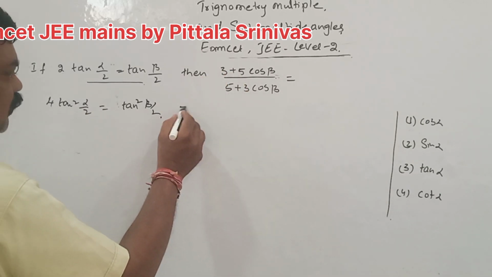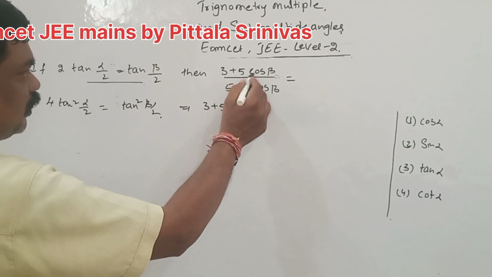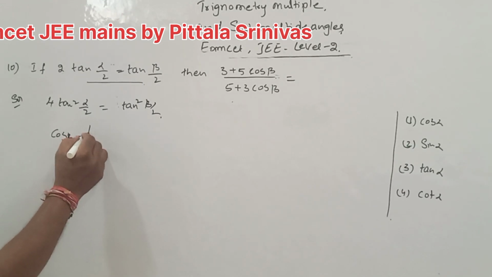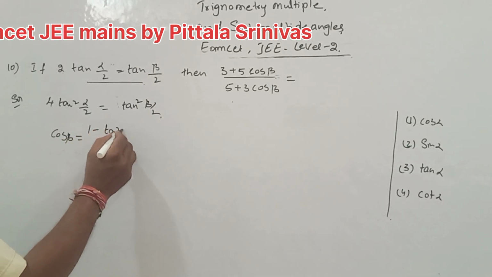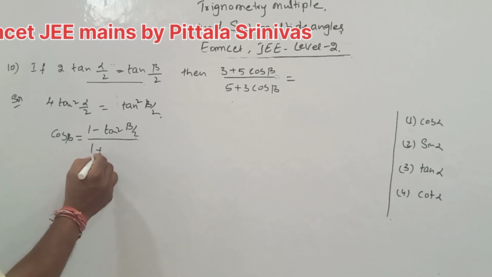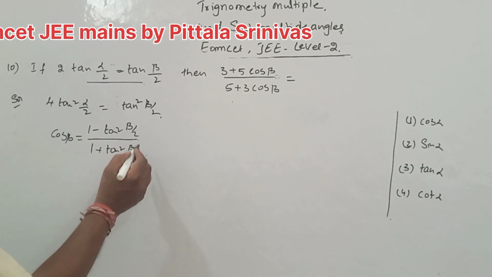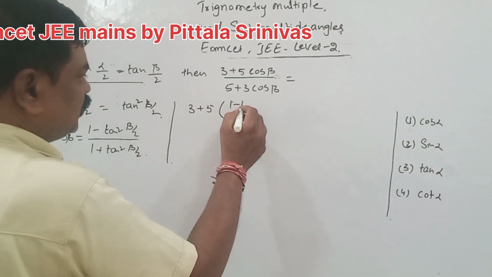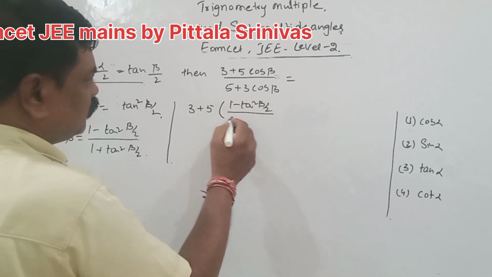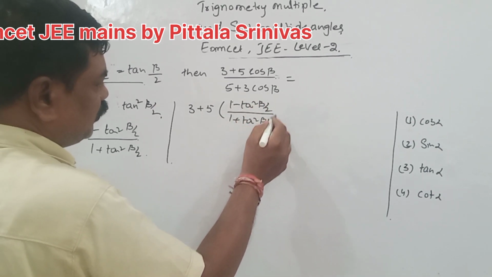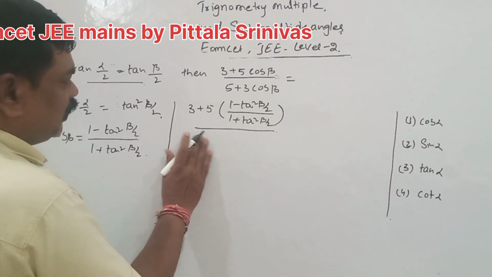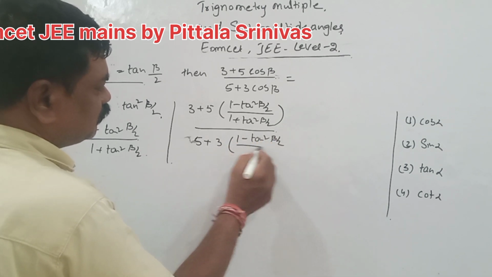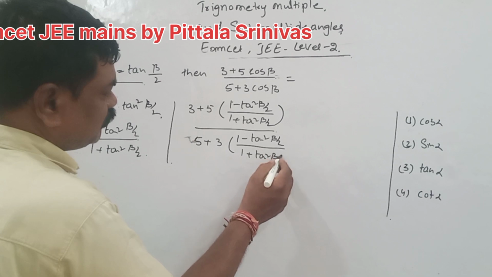For this one, 3 + 5 cos β, and cos β is equal to what? cos β is equal to (1 − tan² β/2)/(1 + tan² β/2). So you can substitute here: 3 + 5 (1 − tan² β/2)/(1 + tan² β/2), and in the denominator 5 + 3 (1 − tan² β/2)/(1 + tan² β/2).